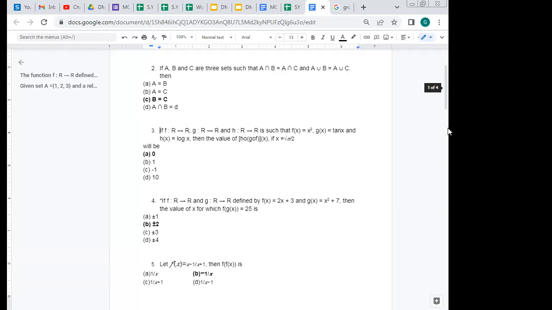Tan x square means what again? Tan of root pi by 2 square. And root pi by 2 square means again pi by 2. So g of f of x will be tan pi by 2. What is the value of tan pi by 2? Infinity. Tan pi by 2 is infinity.